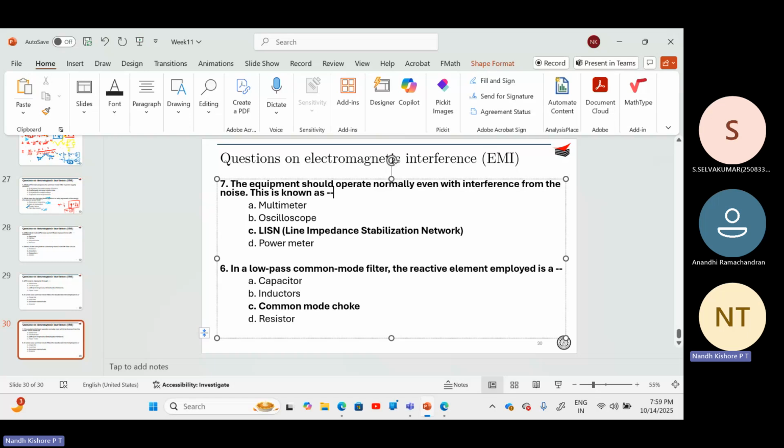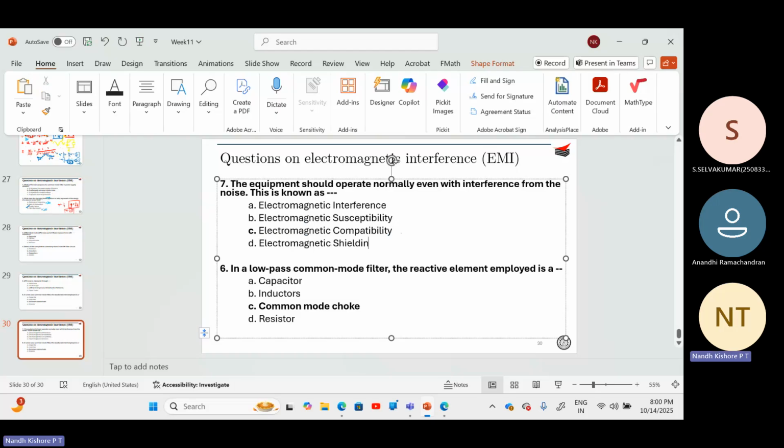So this is known as dash: electromagnetic interference, electromagnetic susceptibility, electromagnetic compatibility, or electromagnetic shielding.